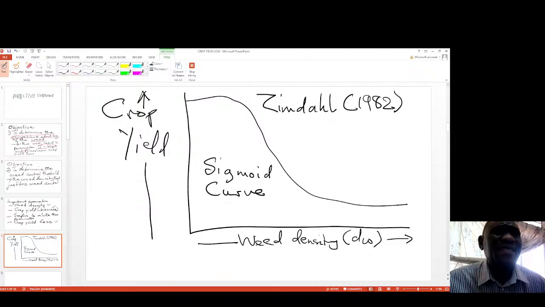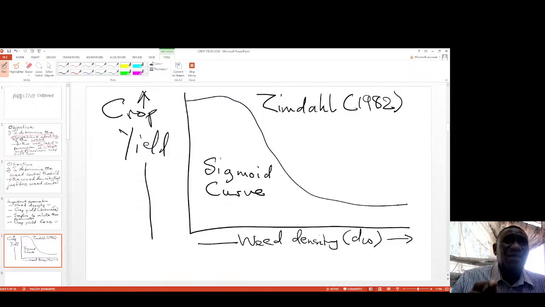So if you relate weed density versus crop yield, you get a decrease in yield. But during the first part, or if you have low weed densities, crop yield changes are very slow.